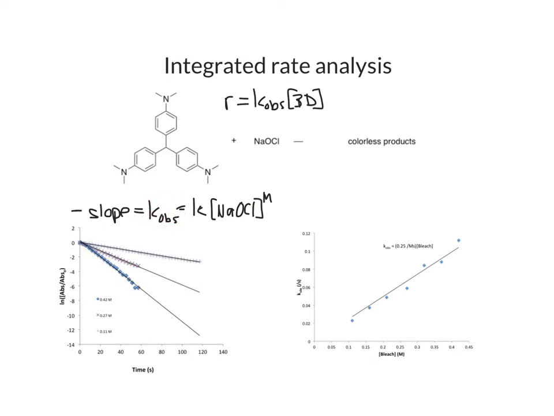So I get a k observed value from each of the trials that I have done with different bleach concentrations. So if I know k observed and I know the bleach concentration that I used, then I can graph the k observed values as a function of the concentration of bleach that I used. If this order is 1, that graph will be linear because k observed will be linearly dependent on the sodium hypochlorite concentration.